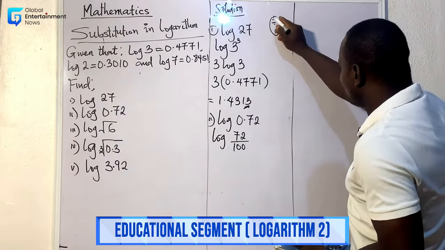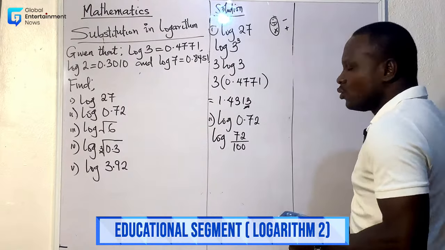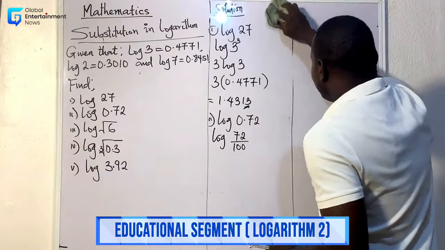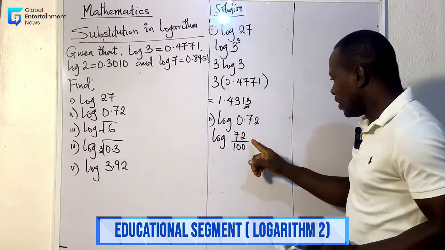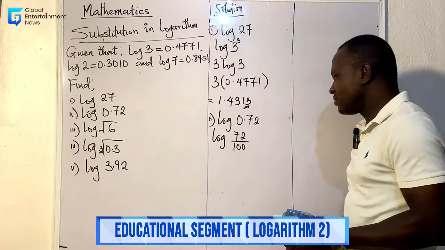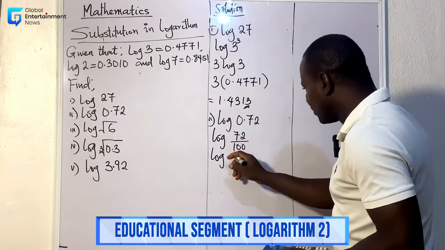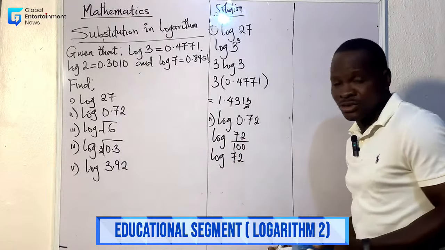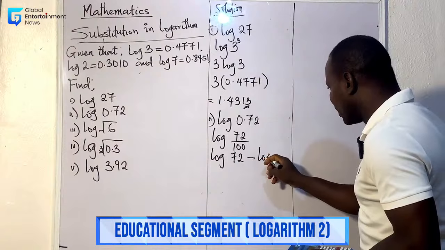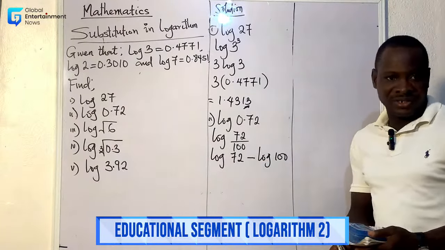Having division, it will change to minus, and times will change to plus. Now, what sign is this, the all over? Division. So what do we have now? It means we have log 72, and division will turn to minus. Minus log what? Log 100. Do you understand?